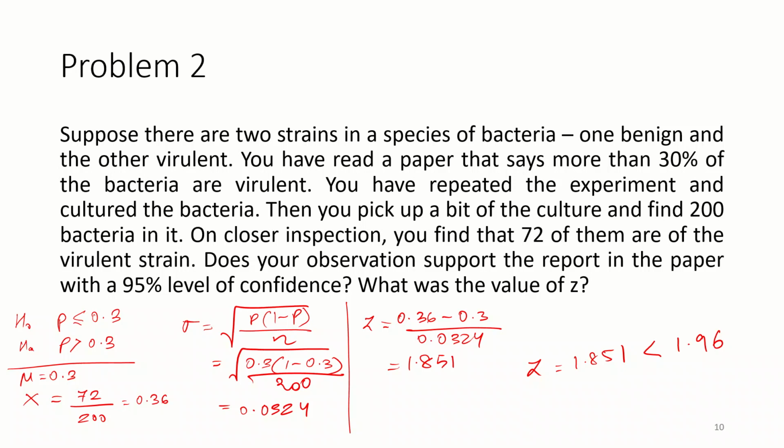Sir, one more doubt, sir. Here the x value you have taken as 72 by 200. In the previous problem you have not taken it like that. You have taken 10% instead of 160 out of 1000. Yeah, that's because it was reported directly. Oh, okay. Just reported directly. That's why. Okay, sir, thank you.